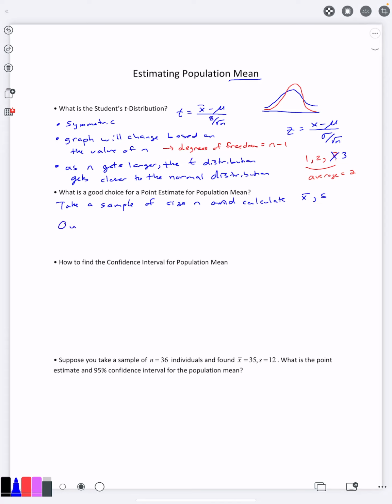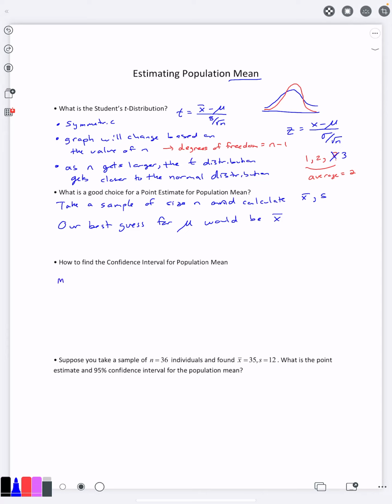So our best guess for mu would be x bar. So once again, you're trying to guess the population version of the mean. All you have is your sample data. So if you have to pick a single number, we're just going to guess x bar. That's our sample mean. Okay, so that's our point estimate.